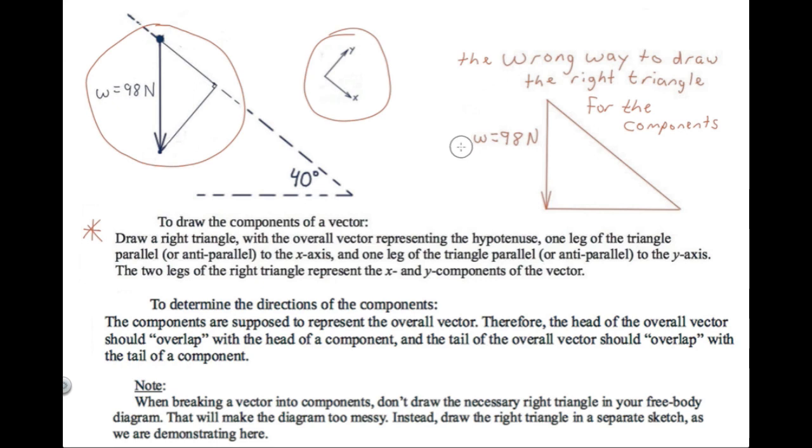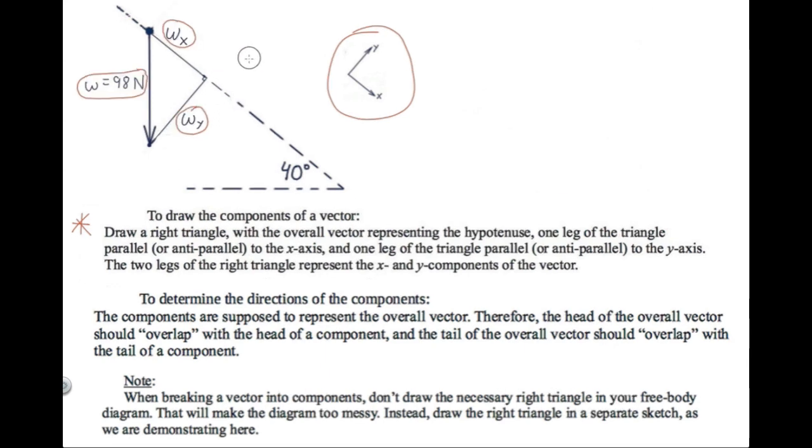But on this problem, our axes are not horizontal and vertical. On this problem, our axes are parallel to the incline and perpendicular to the incline. So for this problem, we should draw a right triangle with legs that are parallel to the incline and perpendicular to the incline.